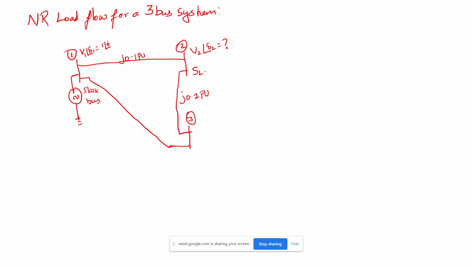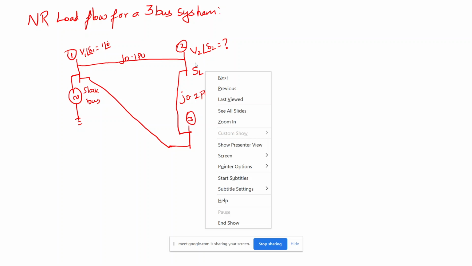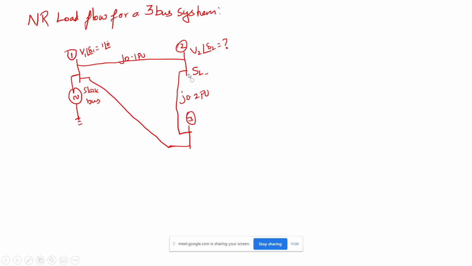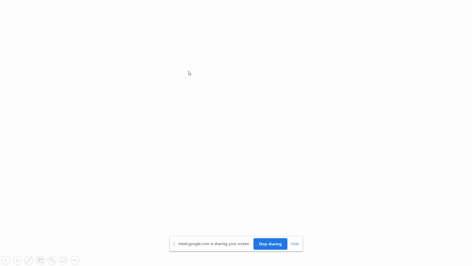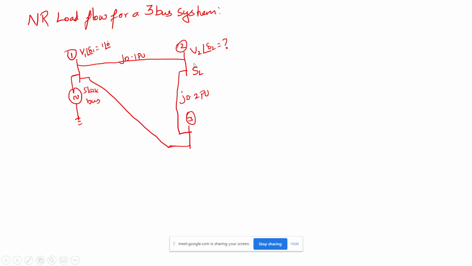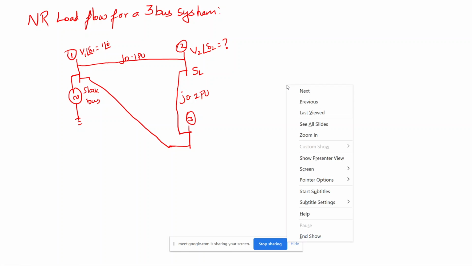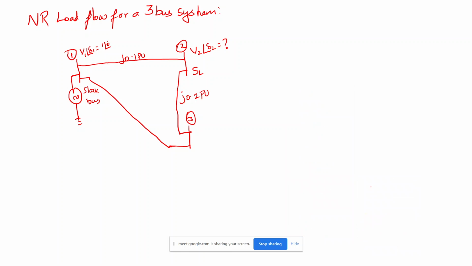And here, if you see the power at this bus, consider you have a load here, then the load power, that is the complex load power SL2, will be given as 0.9 plus J 0.5 per unit.